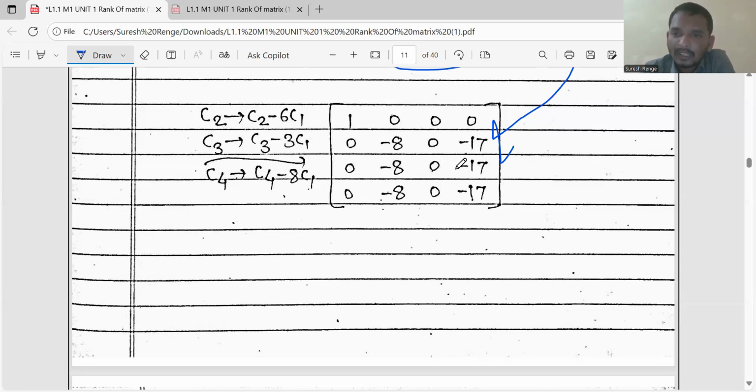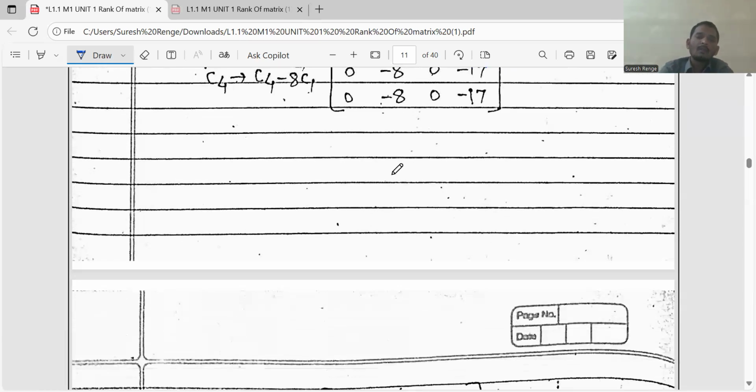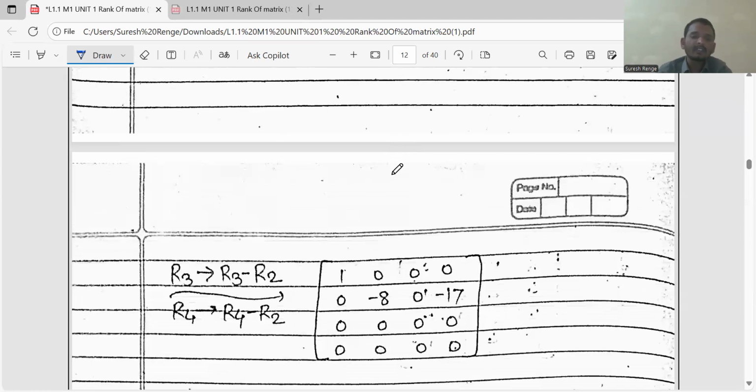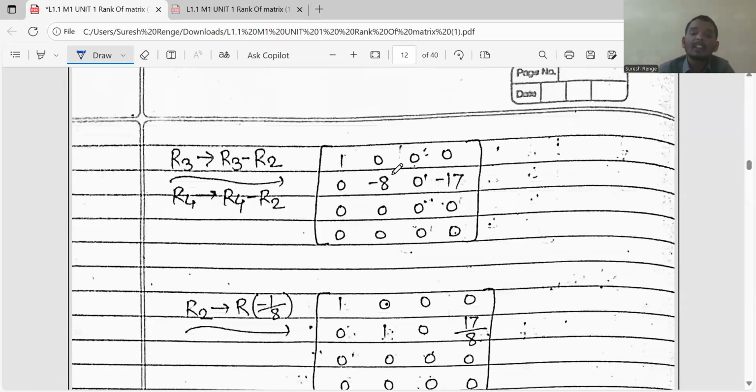Change in row number 3: R3 minus R2, change in row number 4: R4 minus R2. Applying these operations, the matrix becomes 1, 0, 0, 0, 0, minus 8, 0, 17, and the last two rows become equal to 0.